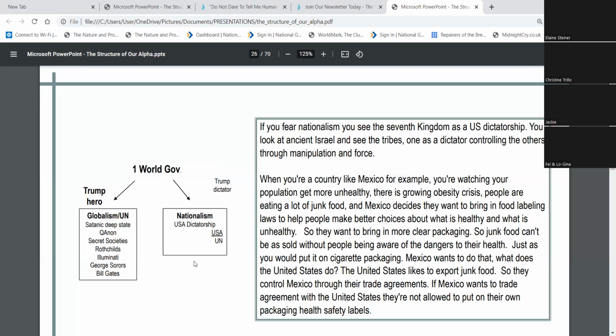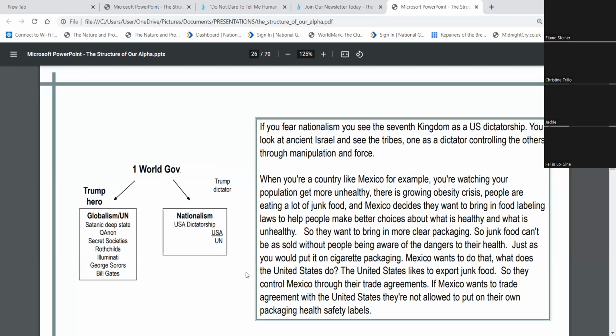People are eating a lot of junk food, and Mexico decides they want to bring in food labeling laws to help people make better choices about what is healthy and what is unhealthy. So they want to bring in clearer packaging, so junk food can't be sold without people being aware of the dangers to their health, just as you would put it on cigarette packaging.